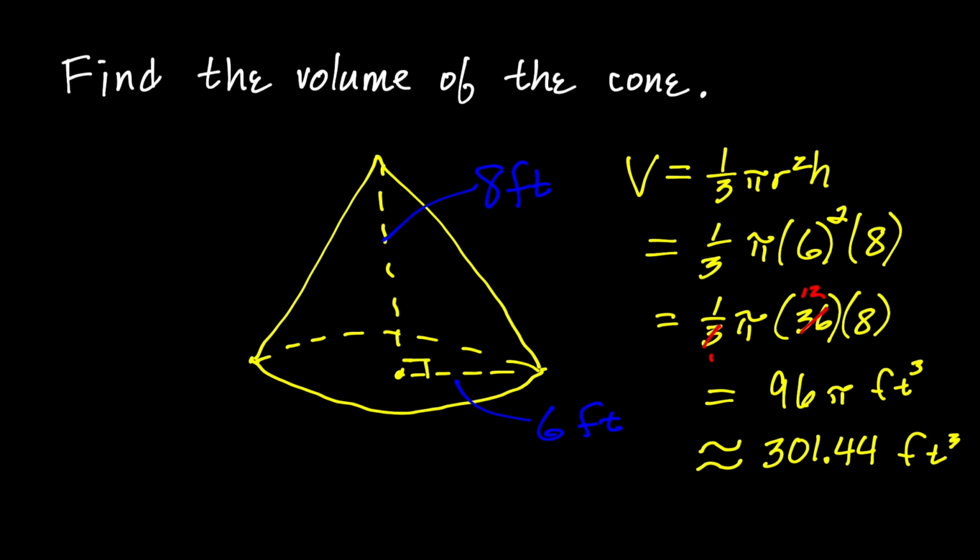The reason we often do this is that 96 pi cubic feet isn't very meaningful to most people. It's the exact answer, but most people want to know how many cubic feet that is. It's about 301.44 cubic feet, to the nearest hundredth.